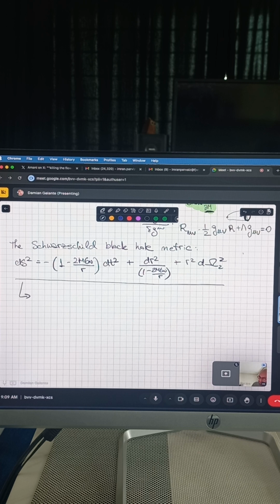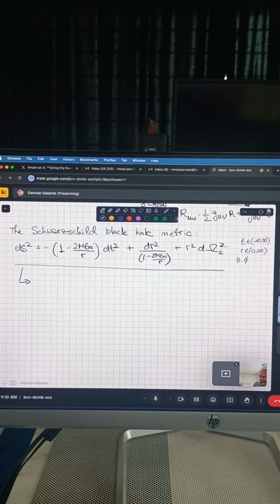So this metric has t that goes from minus infinity to infinity, r that goes from 0 to infinity, and then the two angles that are just bounded. But these two coordinates extend all the way to infinity, so it's hard to visualize this black hole because it has infinite volume. But nevertheless, we can play with this idea of Penrose diagrams, at least to see the causal structure of the manifold.